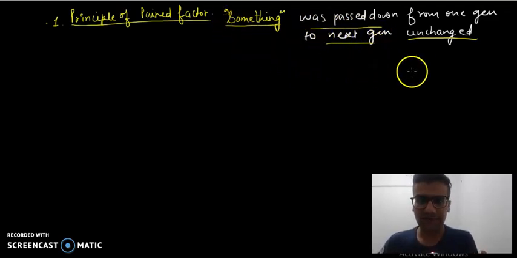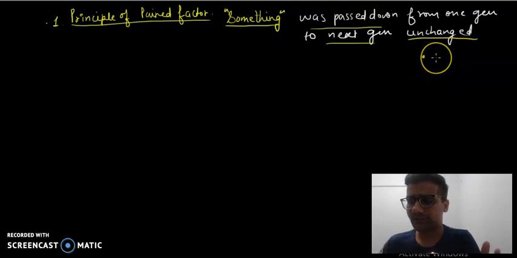At this time, when Mendel was experimenting with Pisum sativum and discovered these laws, nothing like gene, chromosome, DNA, or mRNA had been discovered. He didn't even know the concept of a gene.